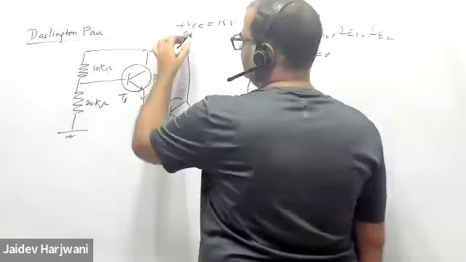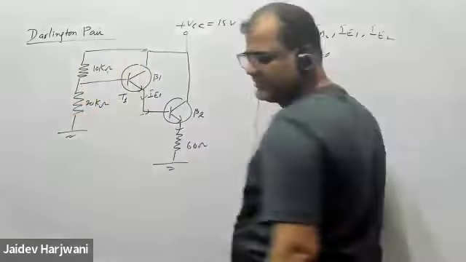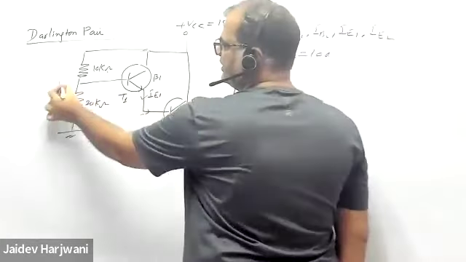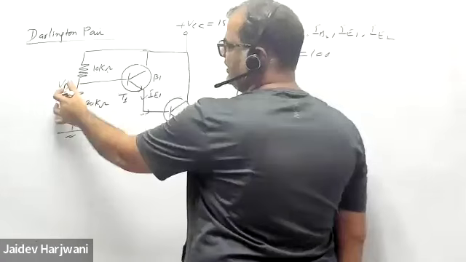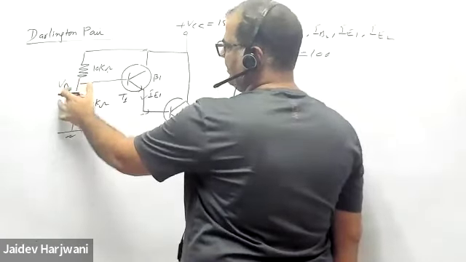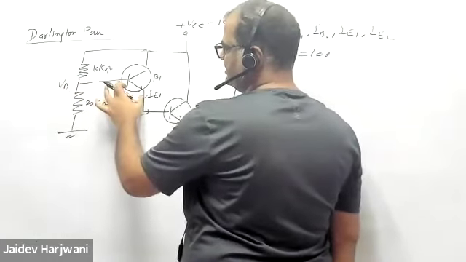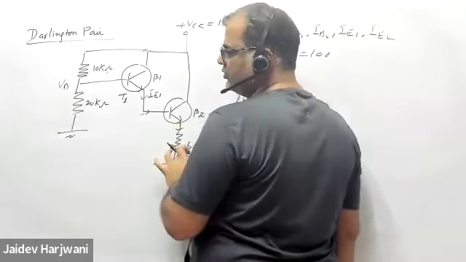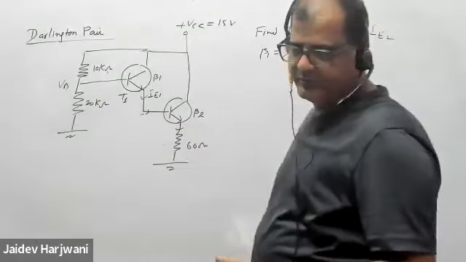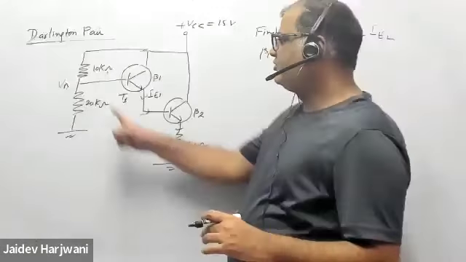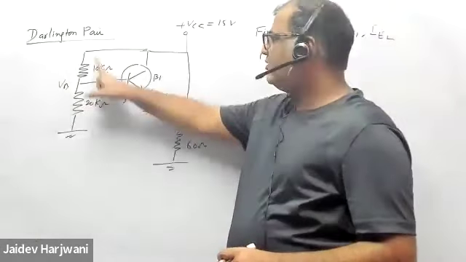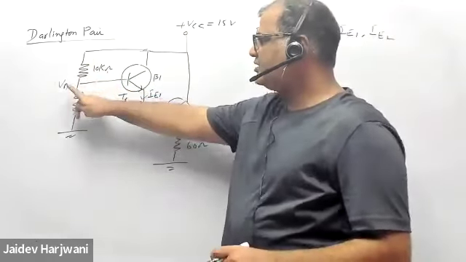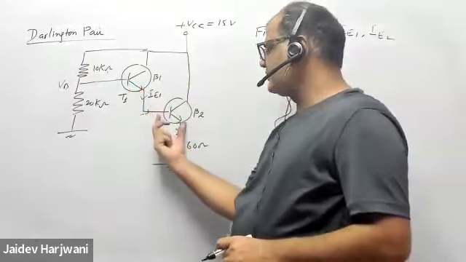First, you can use the approximation method. You can say this current is almost negligible, so you can find the VB. Once you find the VB, all the voltage gets dropped here and here.